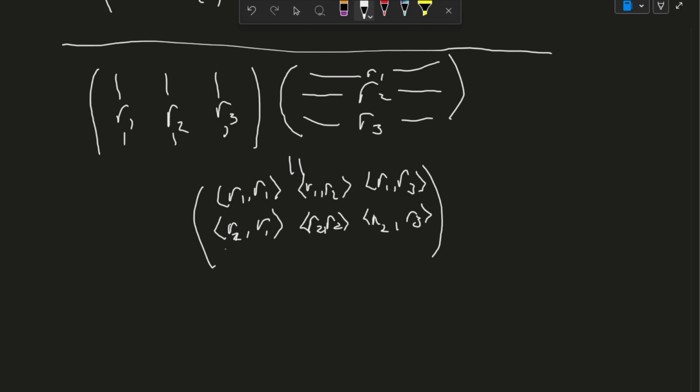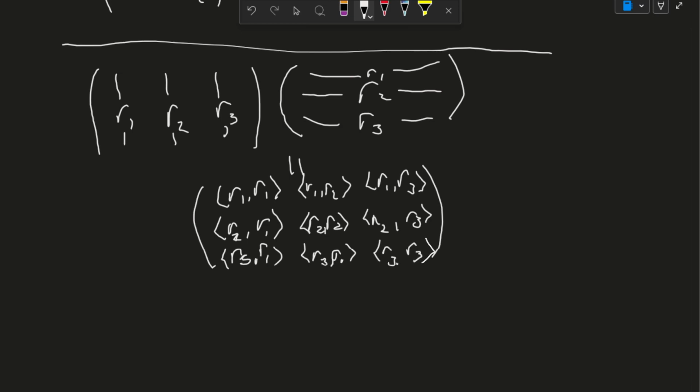So you should perhaps notice something about this matrix. If we assume that all of these column vectors are orthonormal, then we'll get the following interesting result.